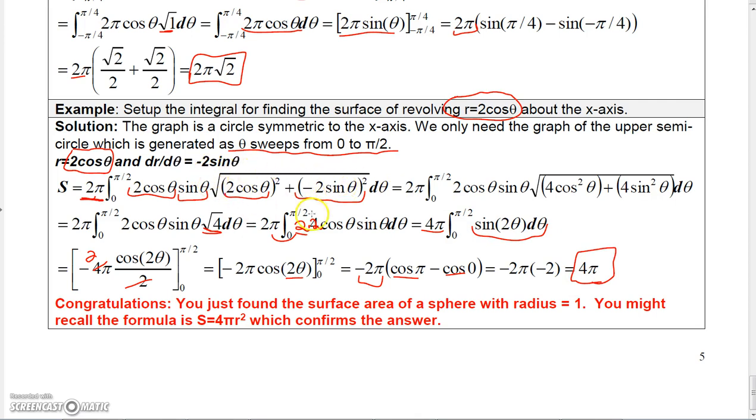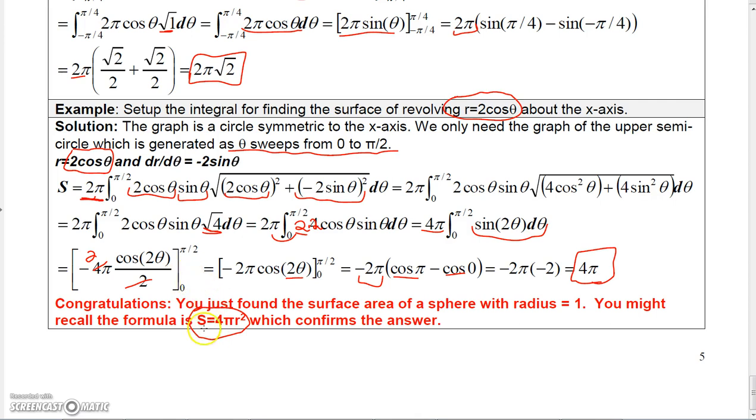Okay, now, I actually went to a lot of trouble to prove a point here. You may have known that if you look up a formula for the surface area of a sphere, because that's what we generated here was a sphere, you'll find that it's 4 pi r squared. Well, when we rotated this circle, it created a sphere with radius 1.